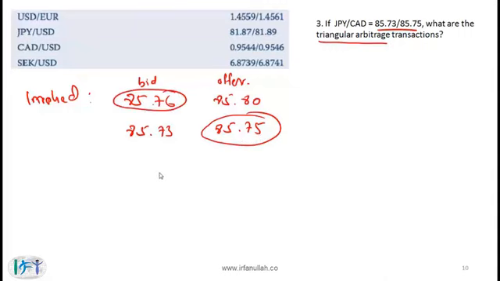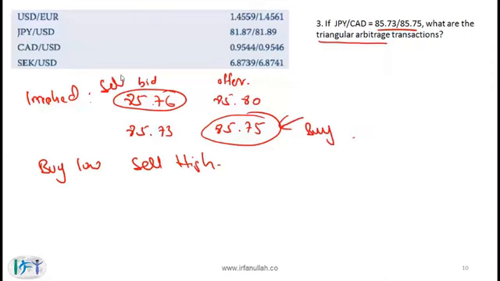So to make money, what you must always do is buy low and sell high. This is actually rule number 1 of finance, that to make money you buy low and sell high. So if you want to make an arbitrage profit, obviously you need to buy over here, which is the low price, and sell over here.